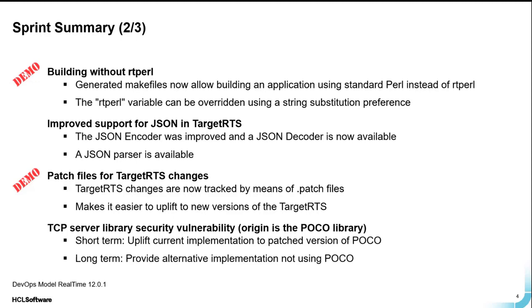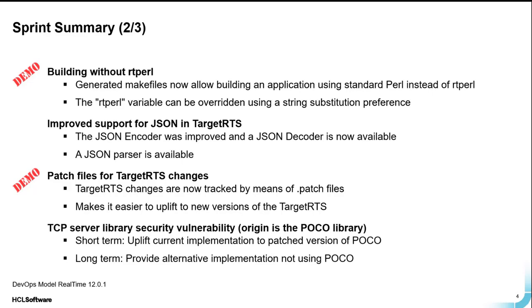During this sprint, actually quite late in the sprint, there was a security vulnerability reported on a library that we depend on, or actually it's the TCP server library that depends on that library. That library is called POCO. So those of you who use the TCP server library are impacted by this, and we are working on two-term solutions.